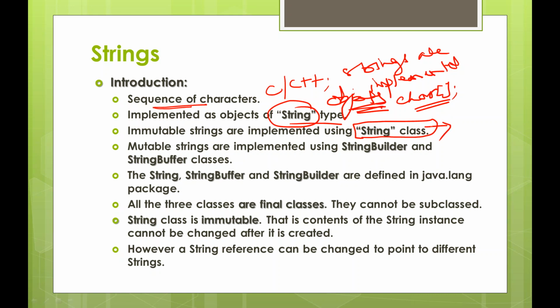If you want a string that you can modify, we have the corresponding classes, StringBuilder and StringBuffer. All these classes are defined in the java.lang package, and all three classes are final classes.